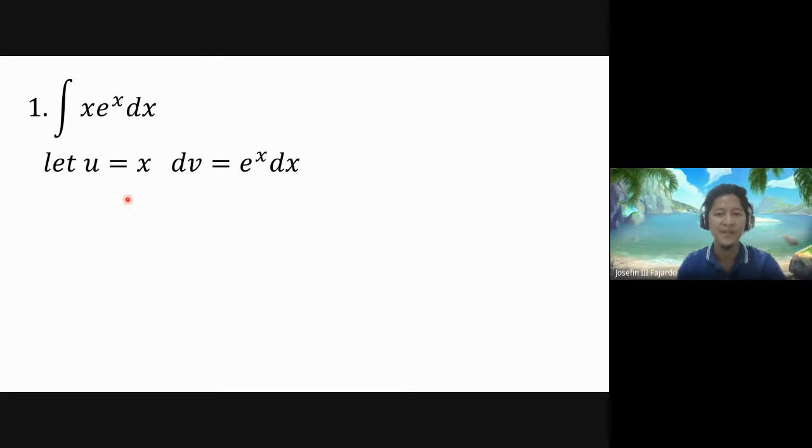Okay? So now, if I try to get the derivative of this equation here, u equals x, so the derivative of u will just be equal to the derivative of x. But in here, instead of getting the derivative of dv, I'll try to get the integral. So if I integrate this, okay, and then I integrate also the other side of the equation, what will happen?